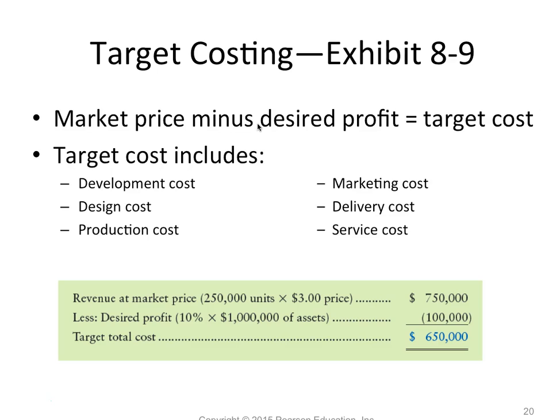So target costing is in the book, Exhibit 8-9. Market price minus desired profit is target cost. Target cost includes development cost, design cost, product cost, production cost, marketing, delivery, and so on. So revenue and the market price is $750,000, and we have a desired profit of 100,000, and we have a target cost of 650.